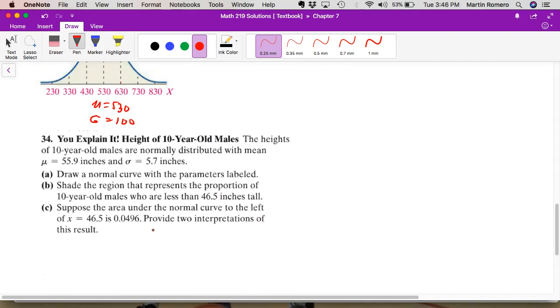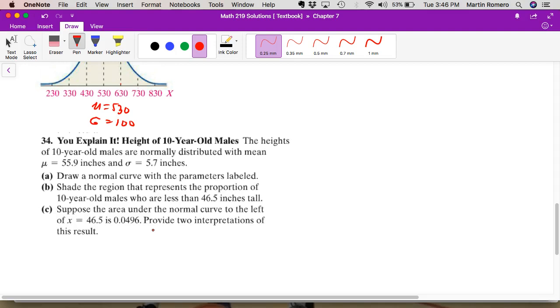Moving on to problem 34, the last one on this assignment. The heights of 10-year-old males are normally distributed. So again, we don't have the data, but because we know it's normally distributed, we know the mean and standard deviation. We know the mean is equal to 55.9.